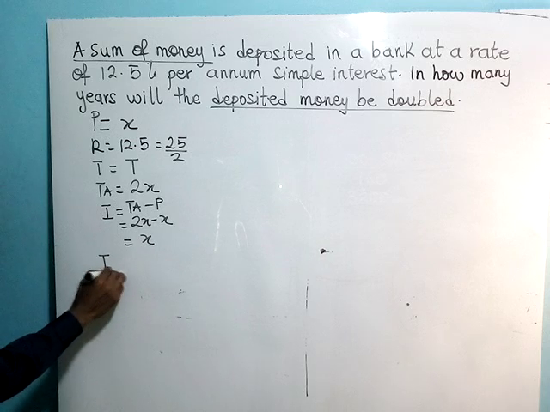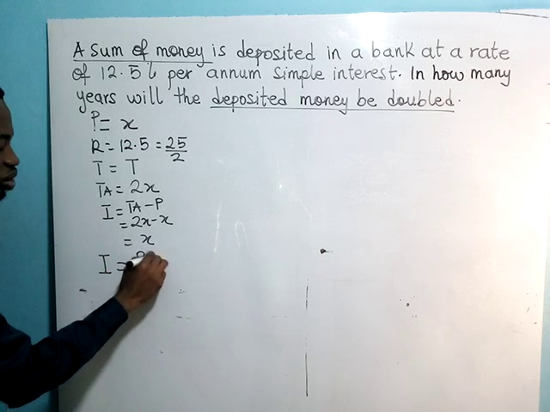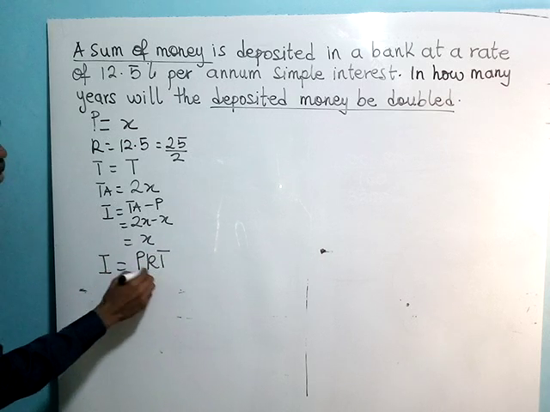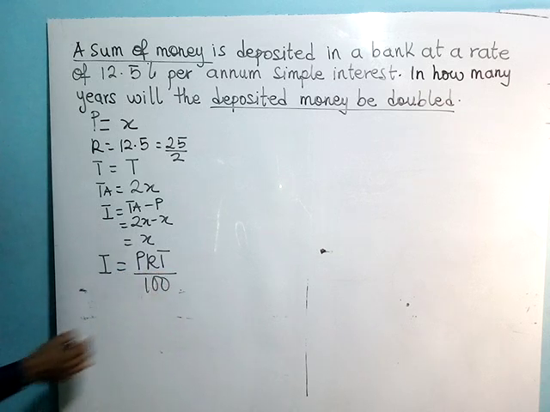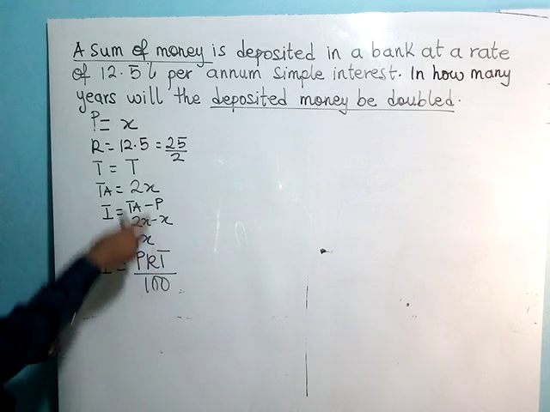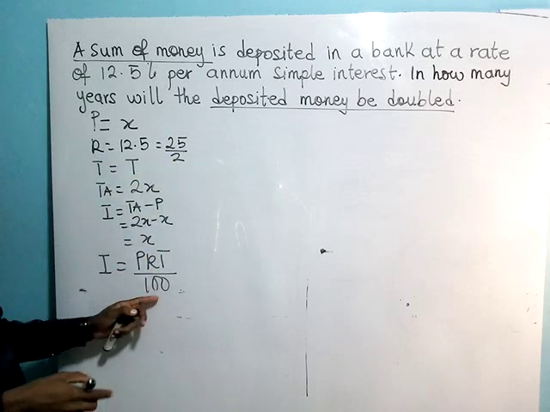Now we then apply the formula. We know that simple interest is given by the product of the principal by the rate by the time, out of 100, because the rate is always given as a percentage.